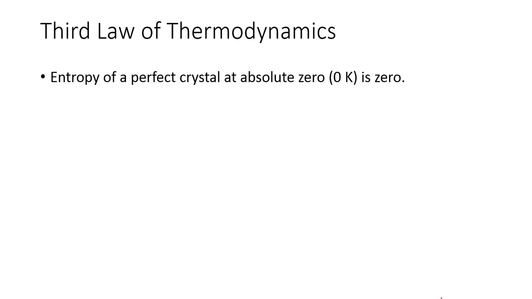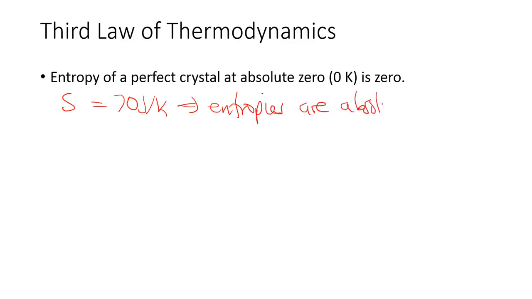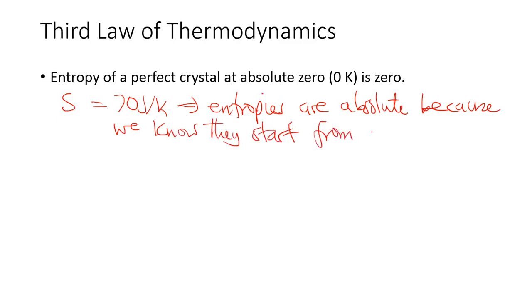So let's say I tell you that the entropy of a certain gas is equal to 70 joules per Kelvin, I mean it. So entropies are absolute, because we know they start from zero.